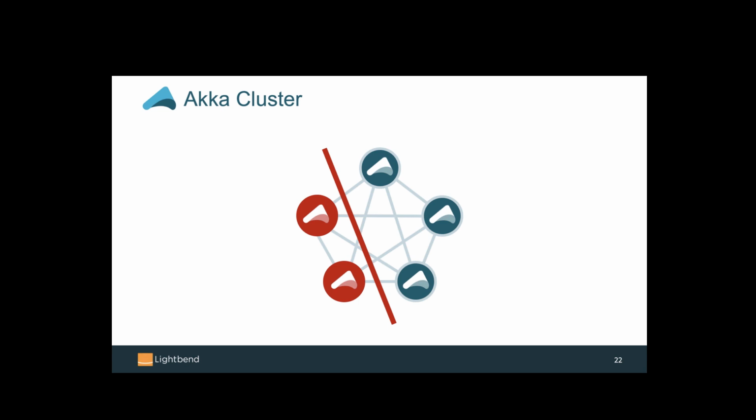That's what Split Brain Resolver does: it automates the process of those pods recognizing that they're on the wrong side of a split brain, killing those pods, and then leaving it to Kubernetes to restart them. Hopefully when they come back up, the network partition is solved. Otherwise, Split Brain Resolver will take them down again.